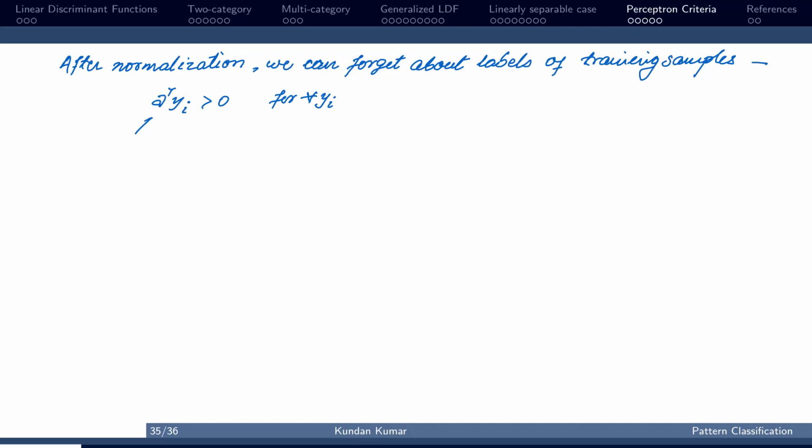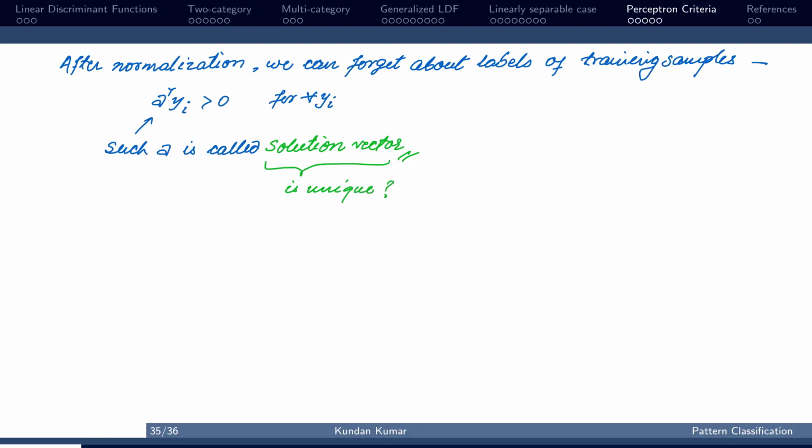So such a weight vector A is called the solution vector, because we are looking for this vector. But now the question comes to mind, is this solution vector unique?